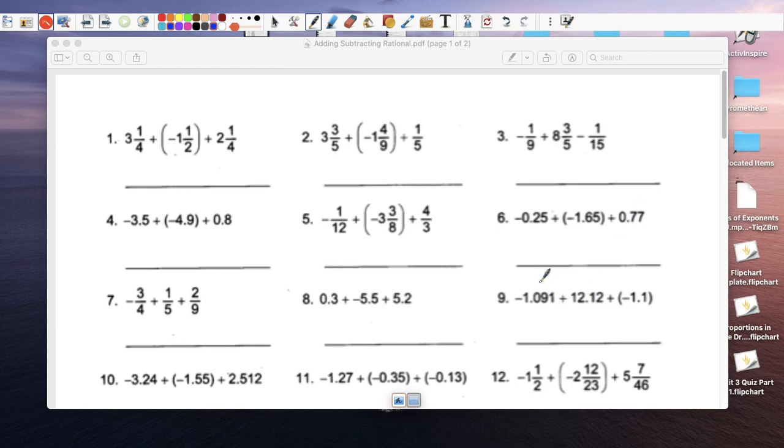Okay, so we have a negative plus a positive, so we're going to take the sign of the number with the bigger absolute value, which is 12.12, so we have to subtract these two numbers: 12.12 minus 1.091. Let's add a 0 here as a placeholder. Let's do some borrowing.